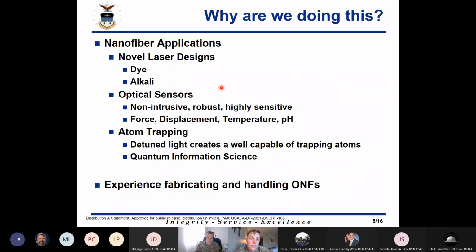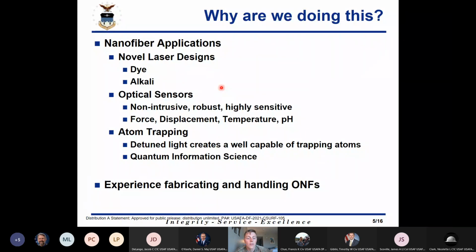Why are we doing this? Nanofibers have a lot of applications in multiple areas of physics. You can create novel laser designs. For us, we're creating nanofiber dye lasers, but there are also alkali lasers that you can create.